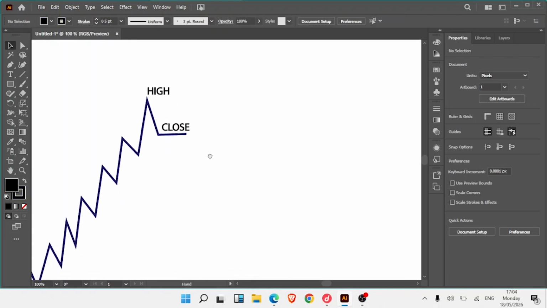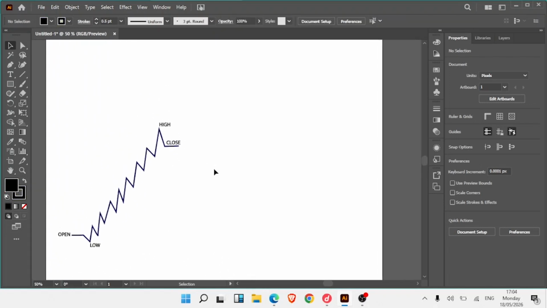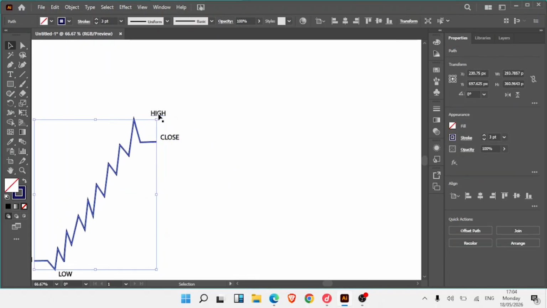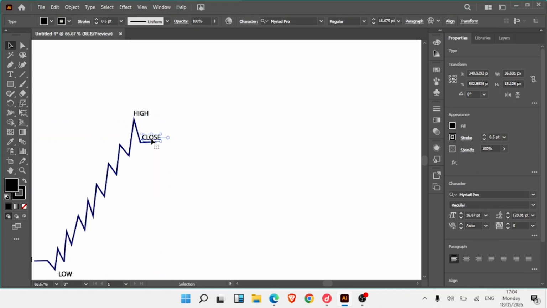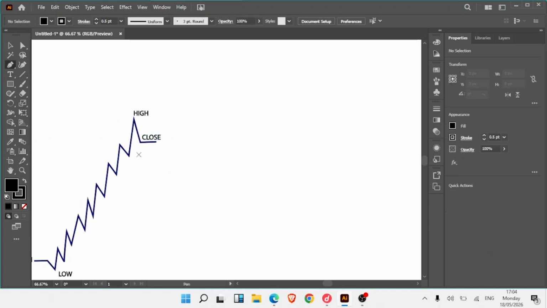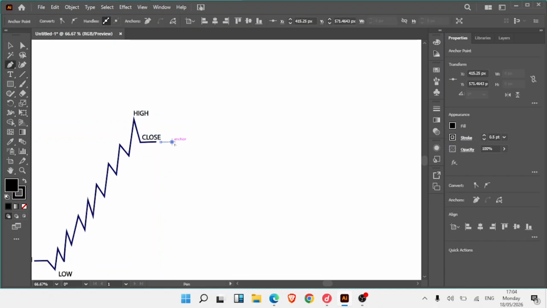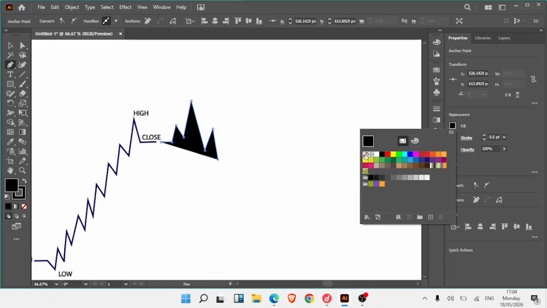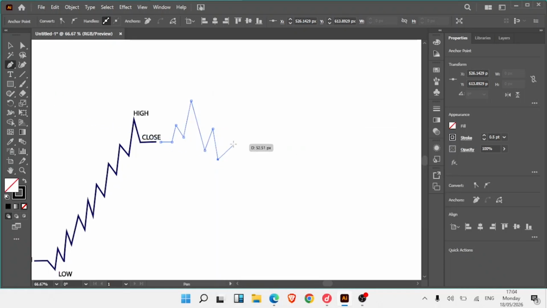Then the new day opens around here, and price forms a short-term bullish structure like that, and then gives us a bearish move.